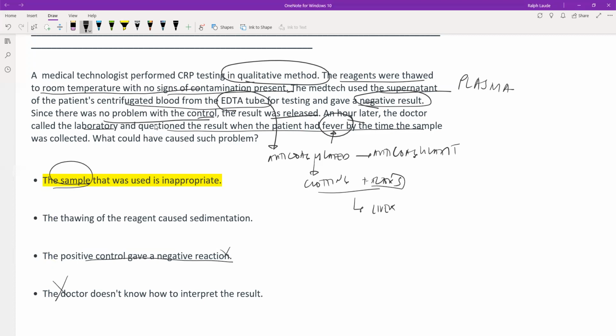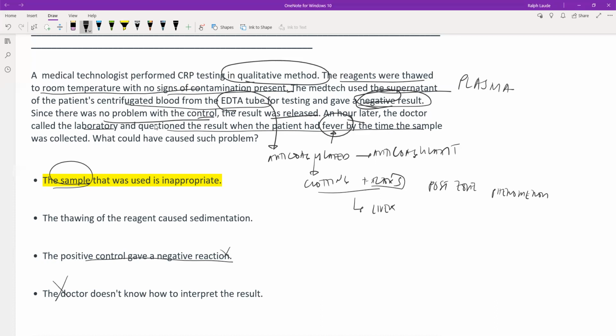So the question here is, why was it negative? Remember, if there is a high presence of CRP, sometimes we have the postzone phenomenon. Meaning the amount of antigens is very high compared to the amount of antibodies. And remember, what is incorporated in your reagent is the antibody.